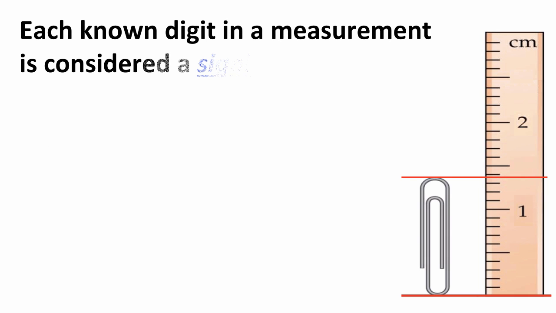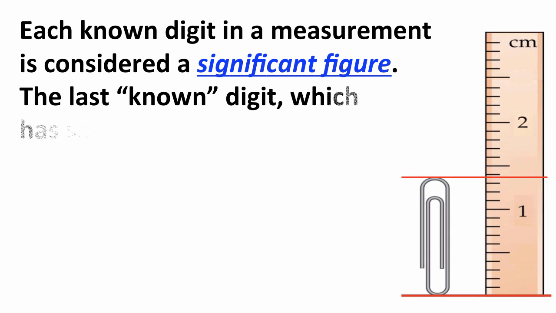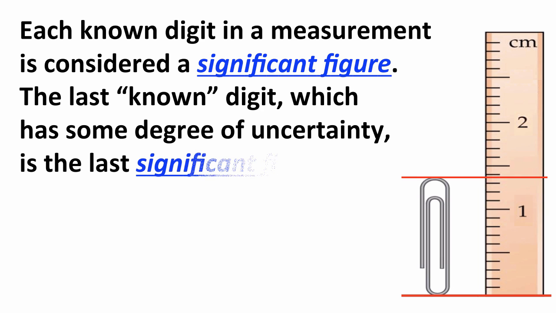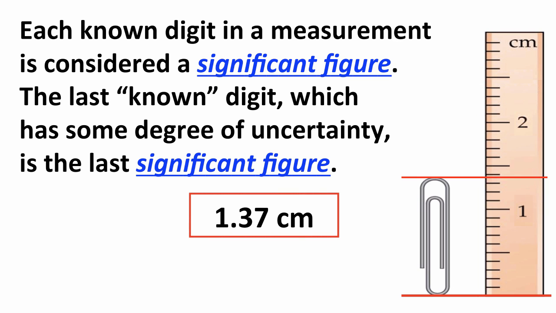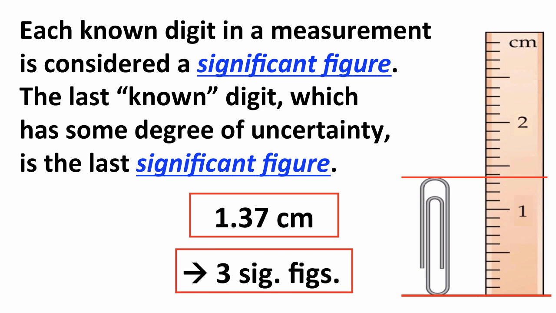And every time we do a measurement, every digit in the measurement is what's called a significant figure. And the last known digit, which is going to have some degree of uncertainty, is the last significant figure. And in the case here again of the paper clip, there are 3 significant figures, and our last significant figure is to the hundredths. So significant figures tell us something about how good our measurement is.